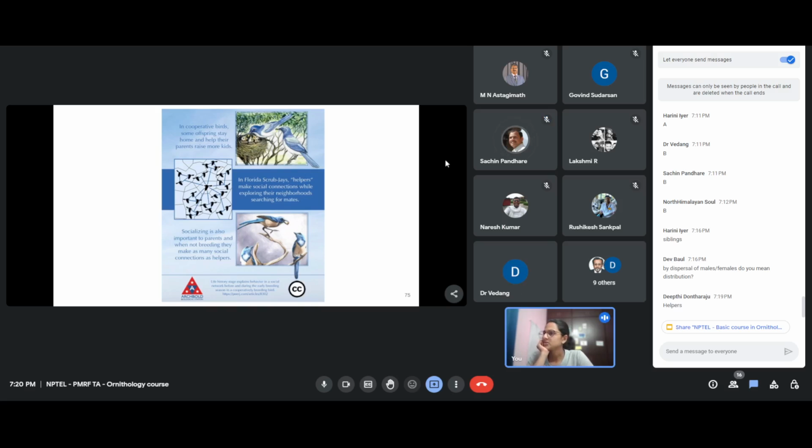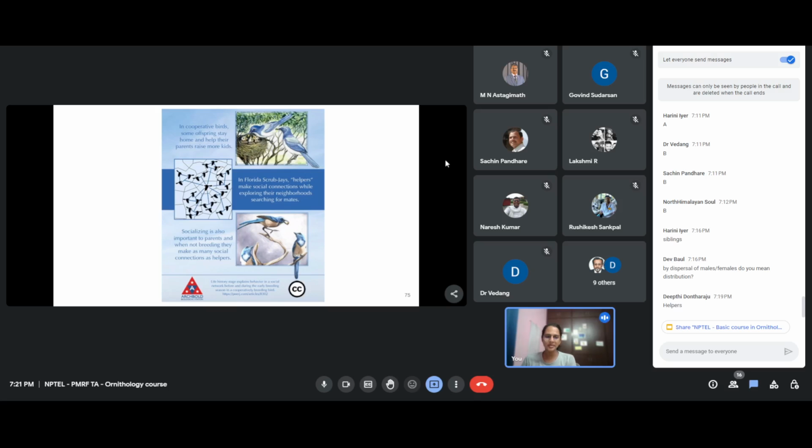Yes. So helpers in this case try to form social connections, as illustrated in this slide, so that they are equipped enough to set up their own nests and get their own set of helpers once they are ready. Going back to dispersal distances, in passeriform birds it's usually the female that disperses a further distance from her natal territory.